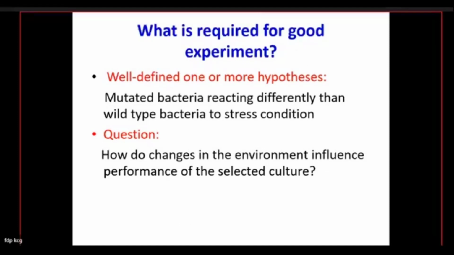Due to this, the UK government is thinking of a lockdown for this Christmas, and even the prime minister is very worried. So this is what is happening: the mutated organism reacts differently than the wild type.